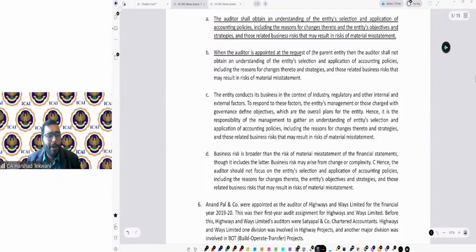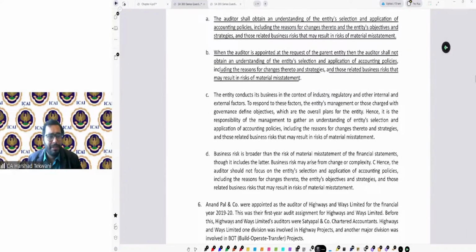B. When the auditor is appointed at the request of the parent entity, then the auditor shall not obtain understanding of the entity's selection and application of accounting policies, including reasons for changes thereto and strategies, and those related to the business risk that may result in risk of material misstatement. The entity conducts its business in the context of the industry, regulatory, and other internal and external factors.